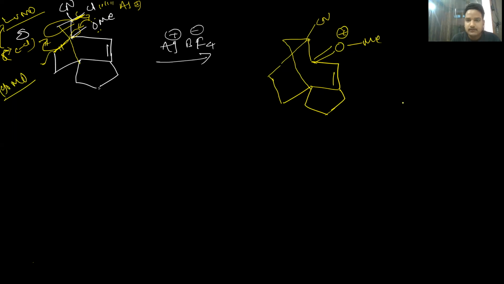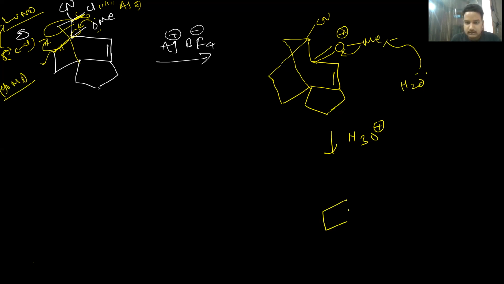Now what happened? Again, hydrolysis will happen. H2O is the nucleophile and attacks here, so we will get our carbonyl. In this manner you have seen 1, 2, 3, 4, 5. So this is the 5-member ring and this is the 4-member ring.